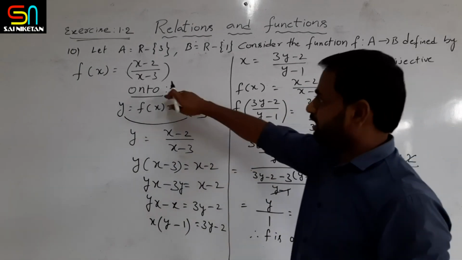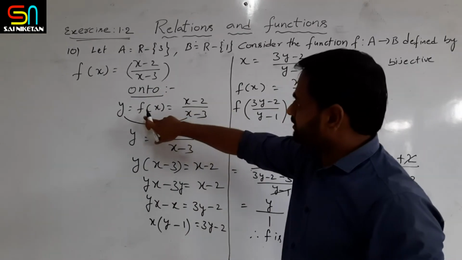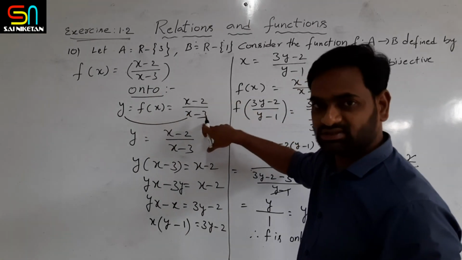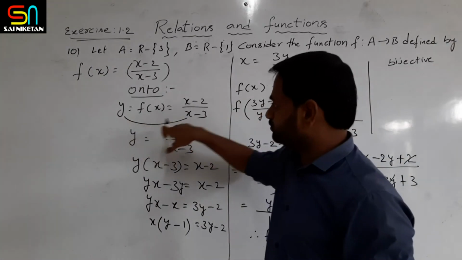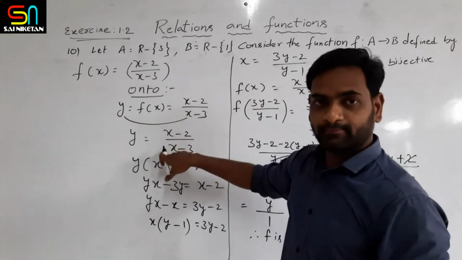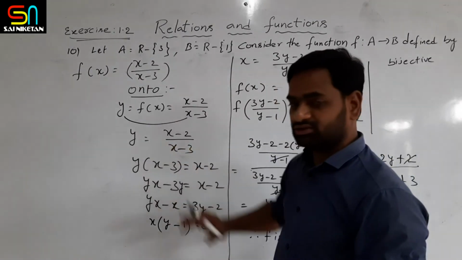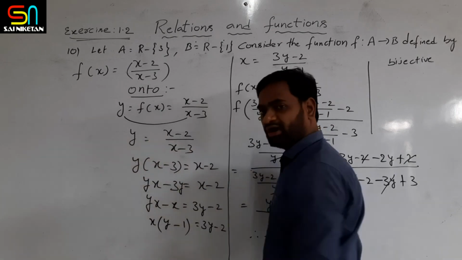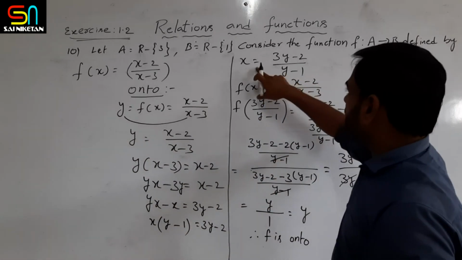See once again, onto. Take y equal to f of x equal to x minus 2 by x minus 3. Now take these two and equate them. From this expression, we have to find x value in terms of y. That is the value of this one.